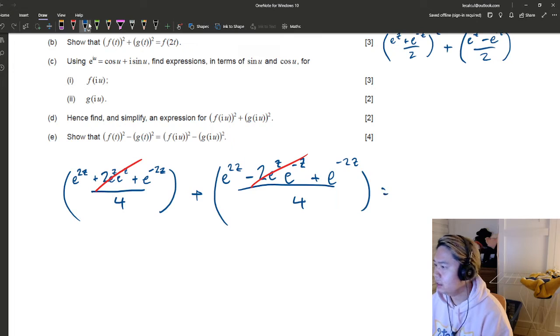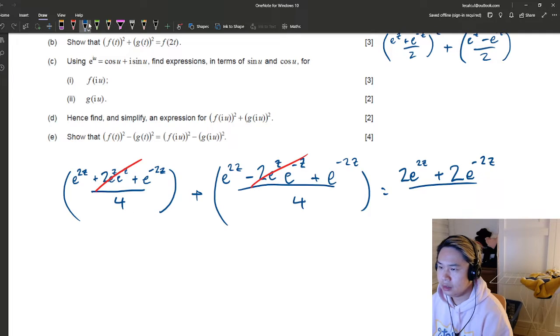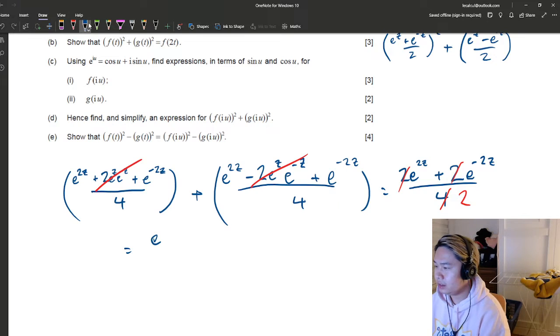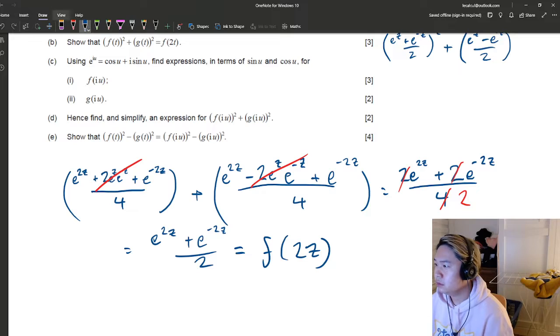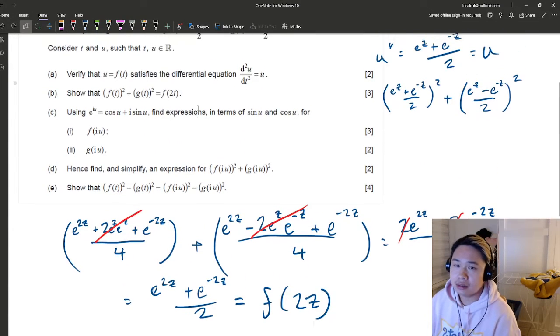So you're gonna get 2e to the power 2z plus 2e to the power of negative 2z divided by 4, and then basically you can divide a 2 out from everything. So you will get e to the 2z plus e to the minus 2z over 2, and then this is equal to f at 2z. But oh, we're supposed to use t, but same thing.